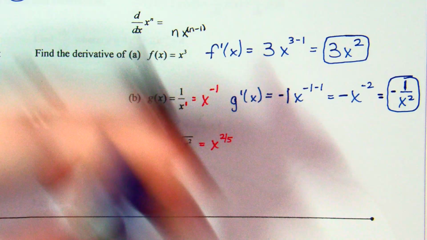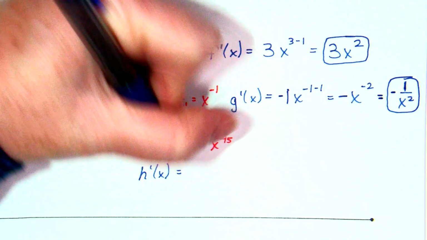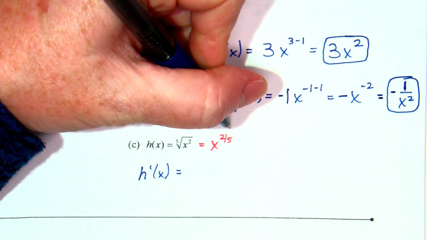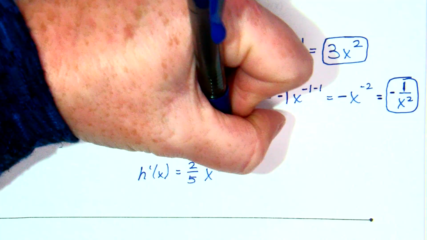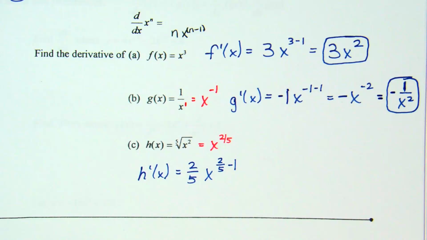So if I'm going to do h prime of x, move the 2/5 out front, 2/5 x to the, in my exponent, 2/5 minus 1. Okay, not fun, but it's still going to be better than using the definition of derivative.